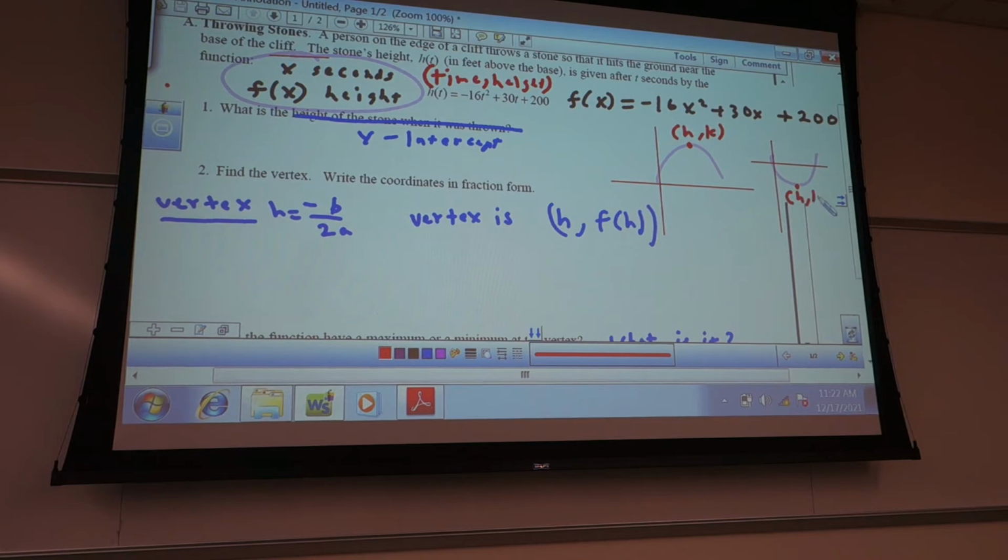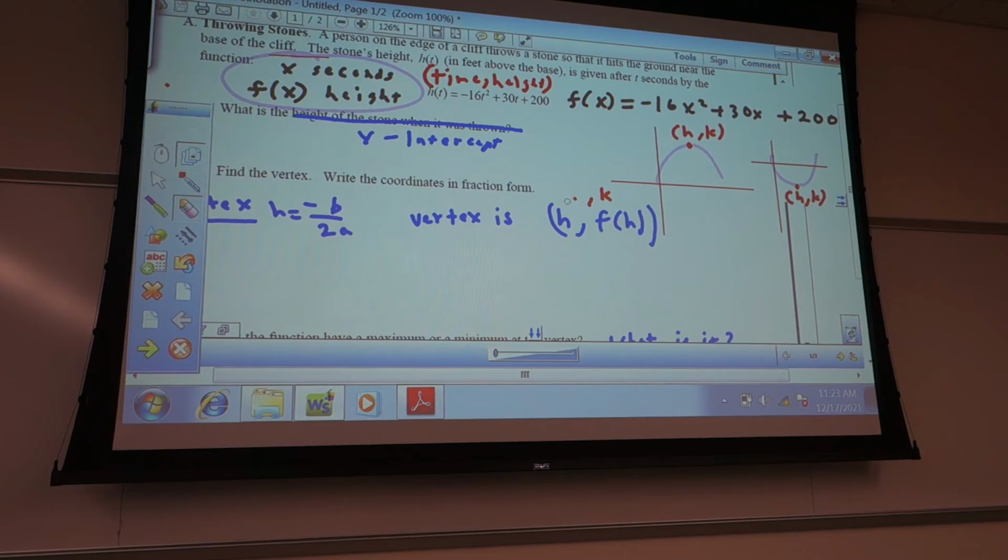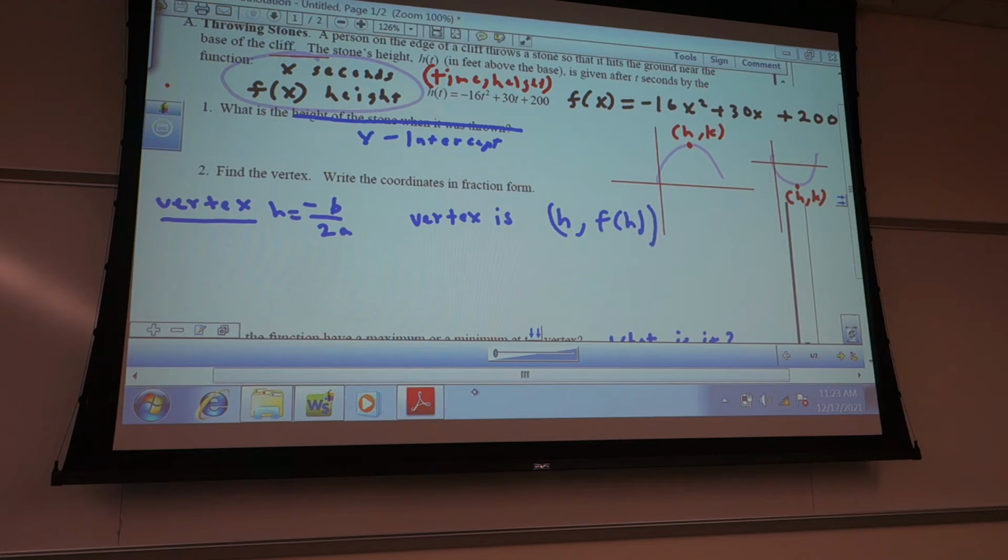H comma k. So this is h. This is k. They're the x and the y. I'll call them x and y, but k is, I'm not going to give it to you, but you should know that k is f of h. K is the y when h is your x.